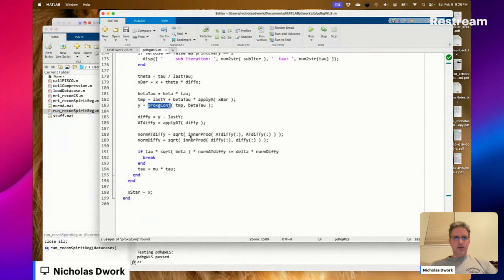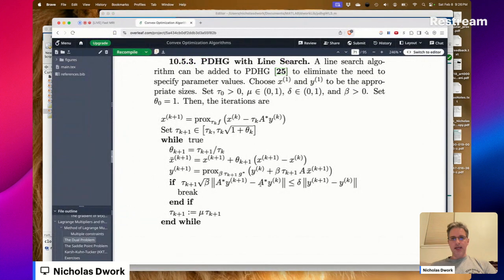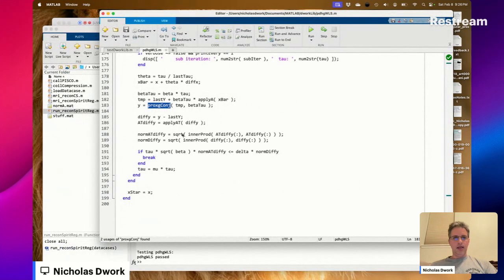A conjugate transpose, so A adjoint times the difference of y minus last y. That's because A is linear, so we could factor it out. And this becomes A star of yk plus 1 minus yk. So this diff y, A star y minus last y.